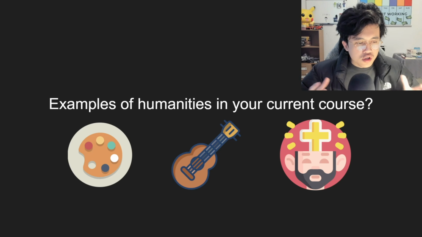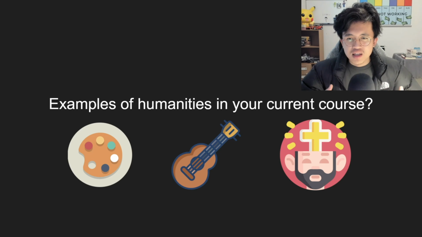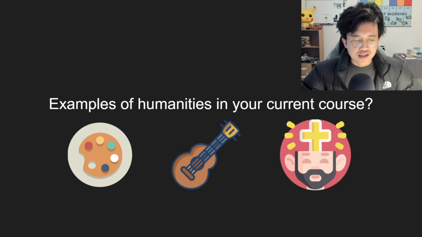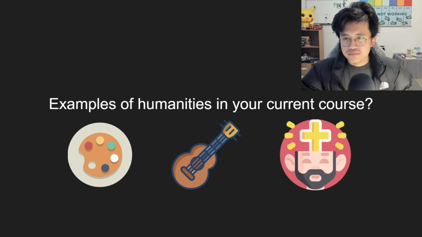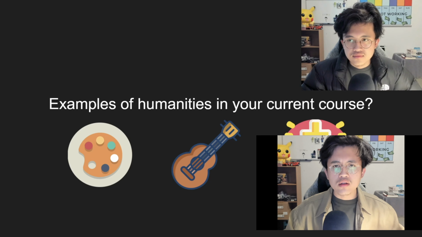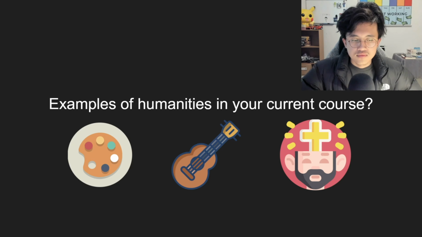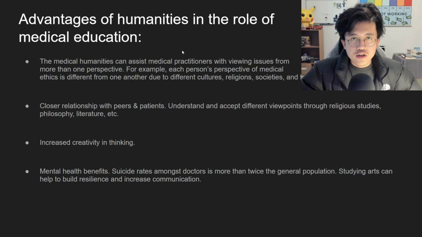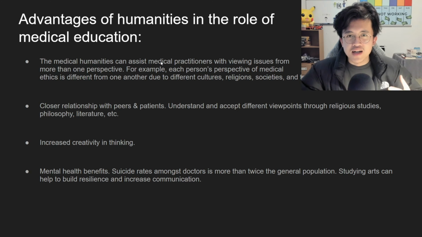So before we move on to the next slide, can anyone give me some advantages of studying humanities in the context of health profession education? Would it help with your mental health? Yeah, definitely. So let's get into it. The advantages of humanities and the role of medical education. First of all, the medical humanities can assist medical practitioners with viewing issues from more than one perspective.